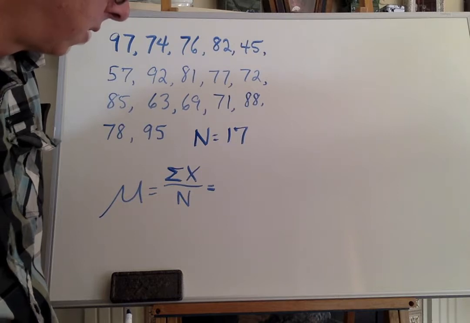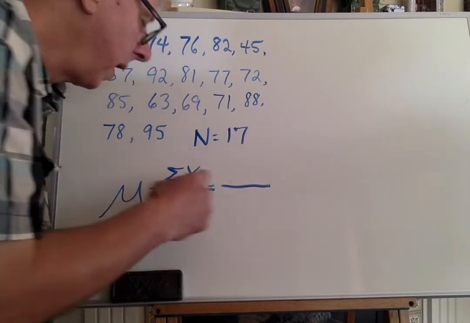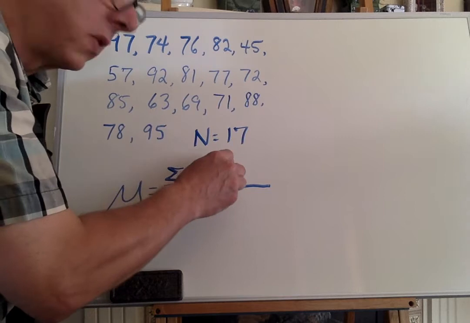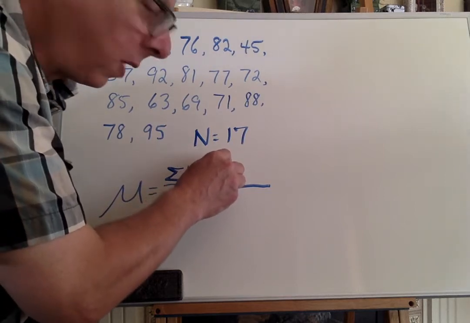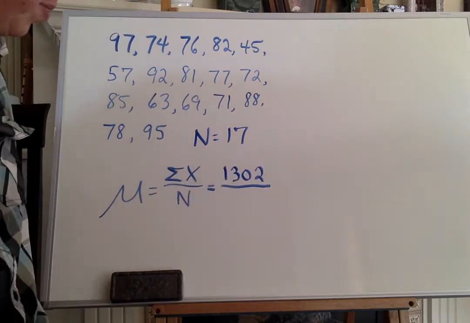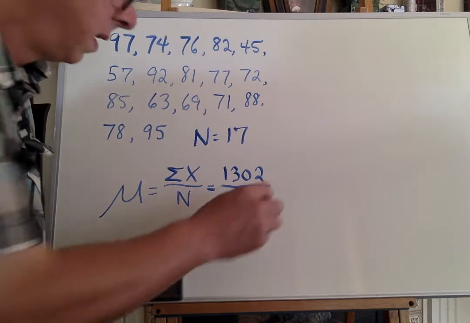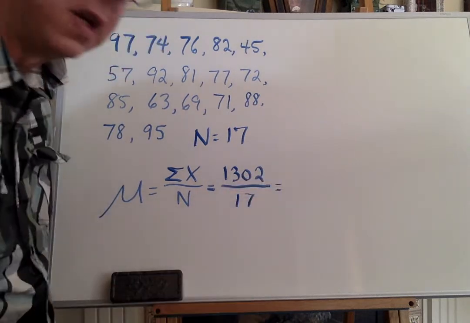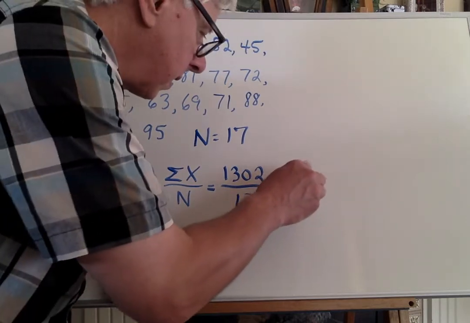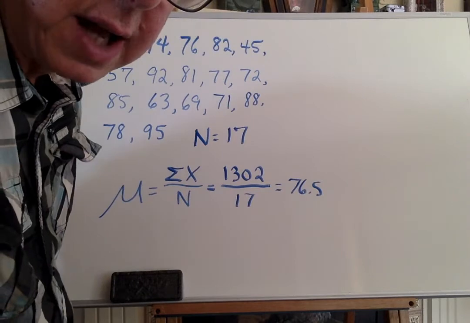Okay, so hopefully you had the sum of all the x values. We're just going to add all the x values, and that is 1302, I hope, divided by 17, and that gives us an average, a mean of 76.588.